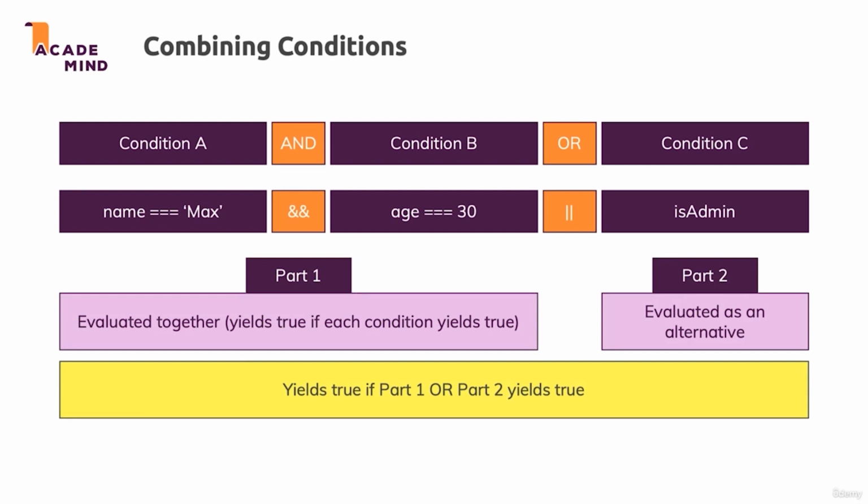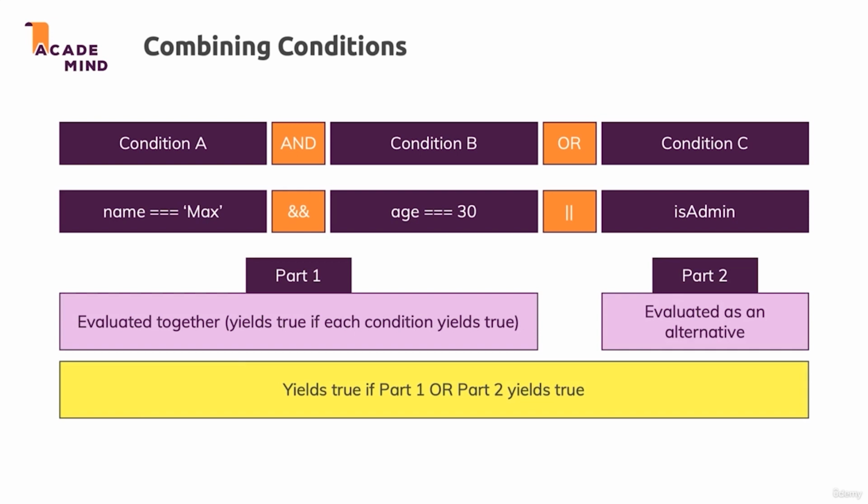So if isAdmin is true, the code would always run, no matter which age or name you have. If isAdmin is false, then you would only run the code if the name is Max and the age is 30, for example. So if both A and B are true, then you wouldn't care about C. If C is true, you don't really care about A and B. That's how this concrete example here would work.